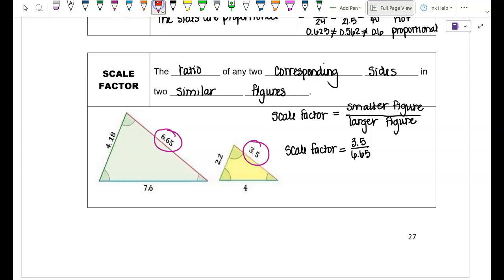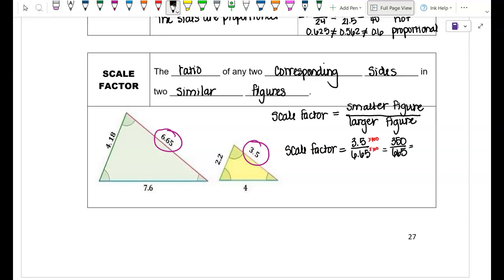So technically, I need to multiply these both by 100. In doing that, I get 350 over 665. If I put 350 divided by 665 in my calculator, what fraction does it tell me that that reduces down to?